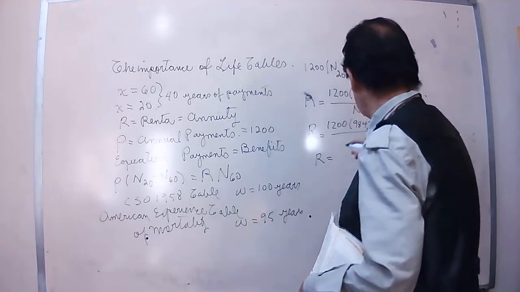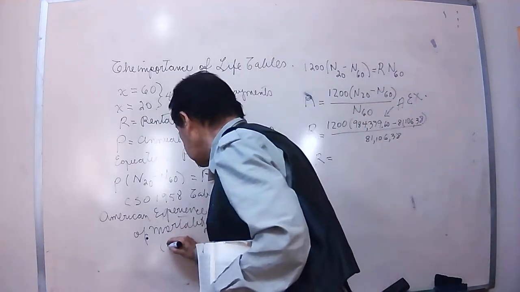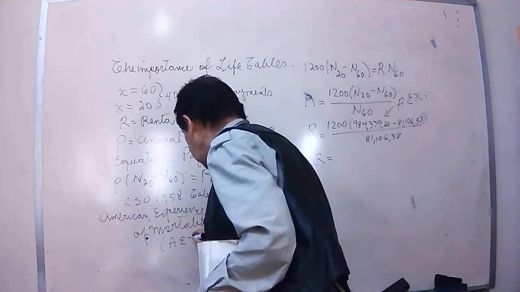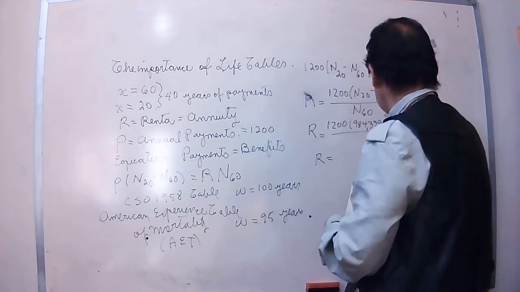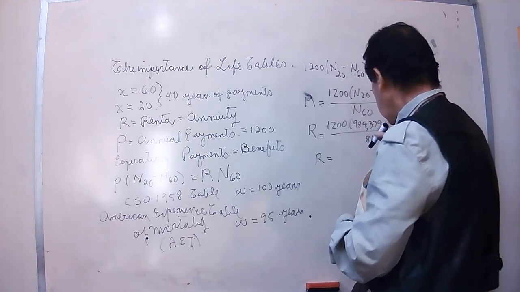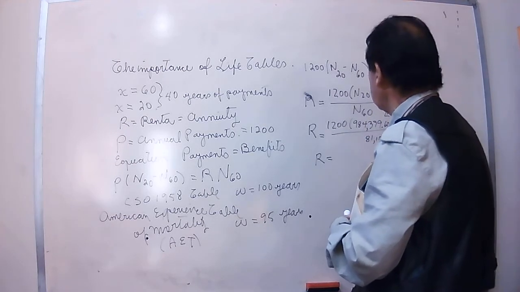We're going to make an abbreviation that this table is called the American experience table. Okay, in accordance to the American experience table, in a moment we're going to see what the result is.